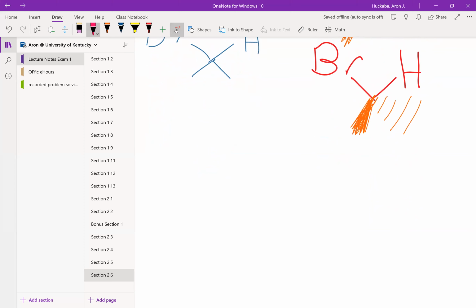If we were to look at a molecule like this, let's say it's CH, Br, I, and Cl. So now the carbon is attached to bromine, iodine, chlorine, and the hydrogen.